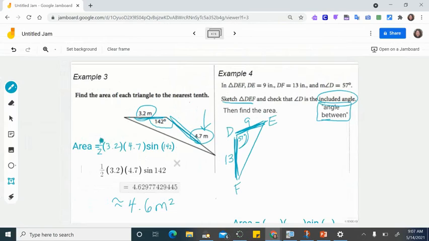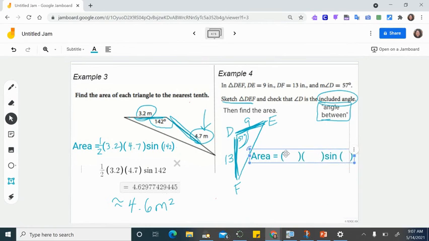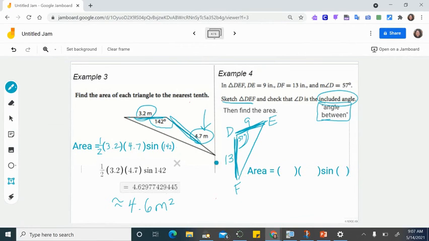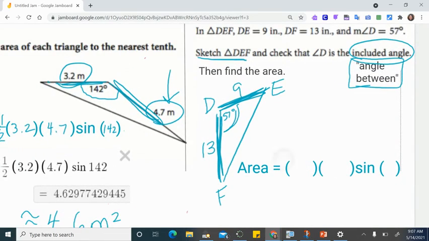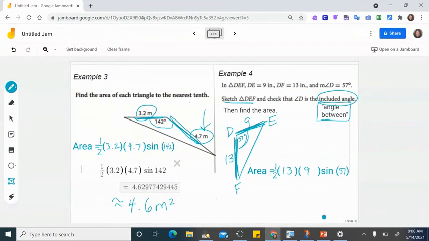So now we're going to use our handy dandy formula that I actually forgot to write the half on. And in our handy dandy formula, it should say area is 1/2 times the two sides times the sine of the angle between them. Now we pop that into a calculator. I like Desmos.